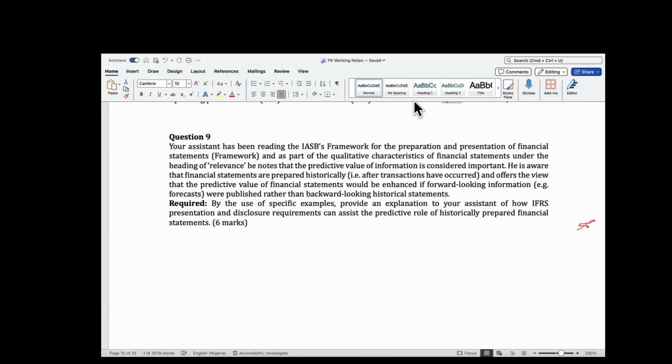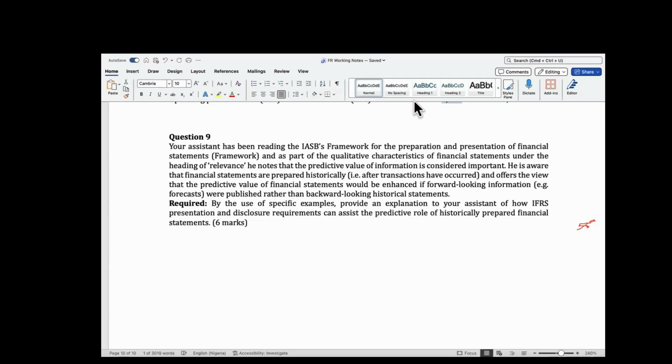Another one is discontinued operations. IFRS 5 requires that if an entity has a segment that it wants to discontinue in the future, the entity must present that segment separately. It must disclose the performance of that segment separately.